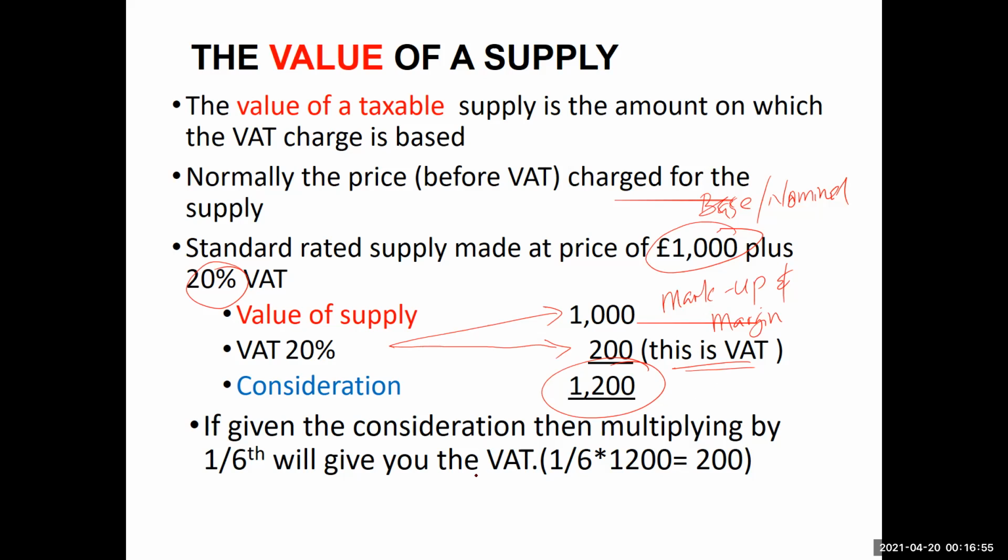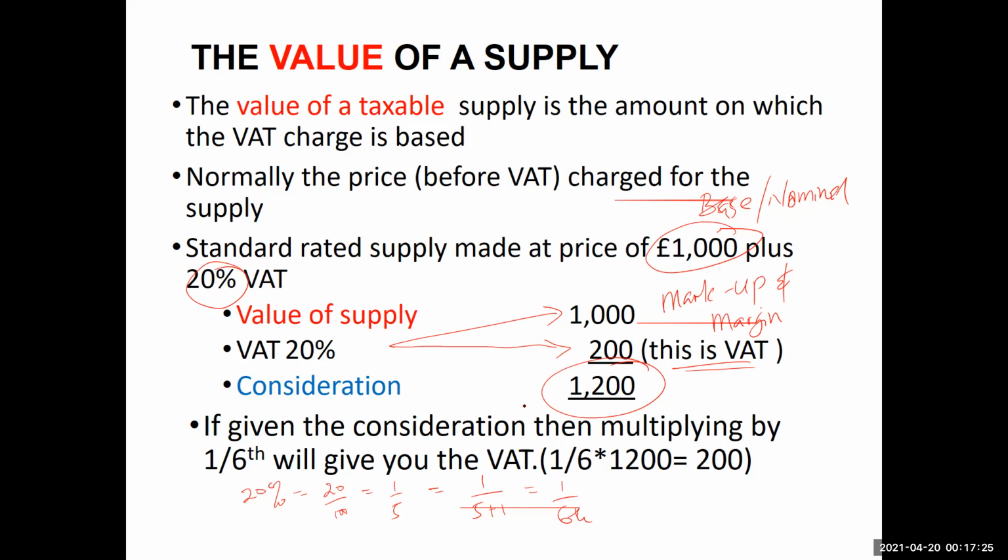Now, 20% simply means 20 over 100. You will agree with me that 20 over 100 is the same as 1/5, right? So if you want to convert this using our markup and margin knowledge, our numerator stands alone, and then our denominator will be plus 1. So we end up getting 1/6.